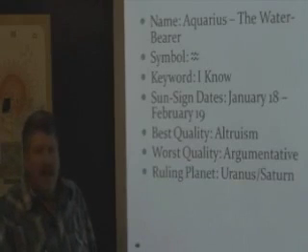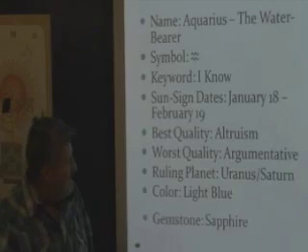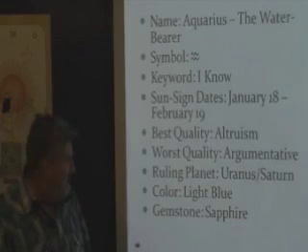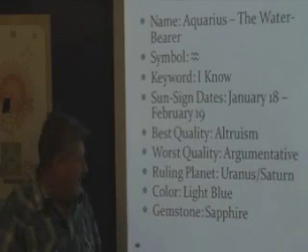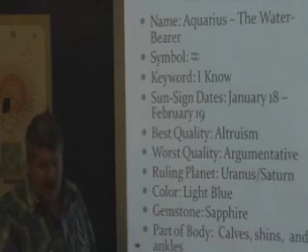The ruling planet is both Uranus and Saturn. Uranus is radical, Saturn is conservative. I detect an internal conflict. Color is light blue. Gemstone is the sapphire. The part of the body is the calves, shins, and ankles.